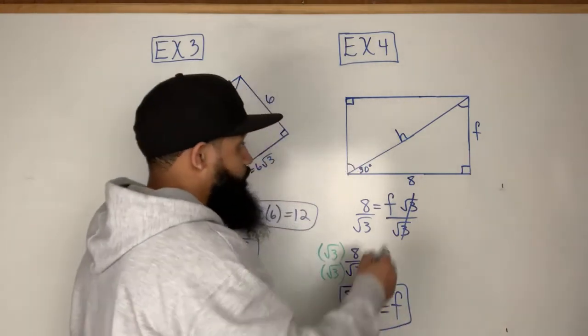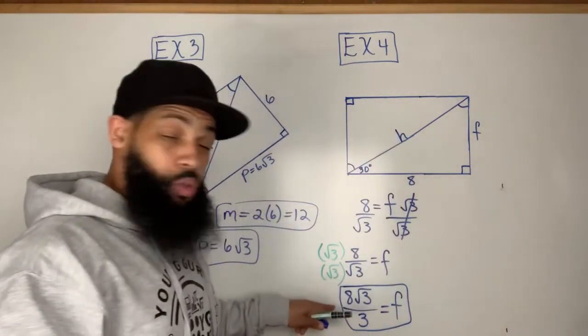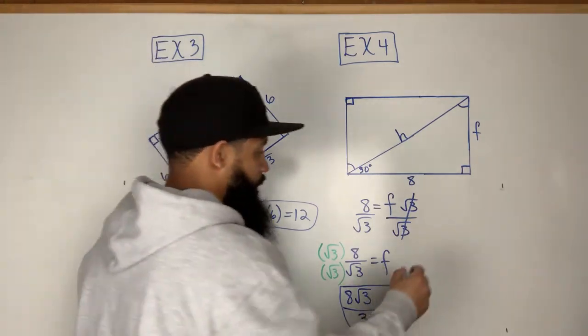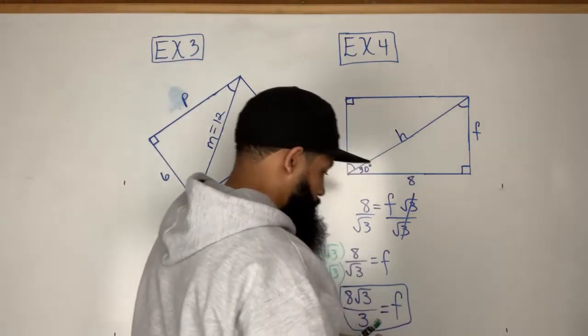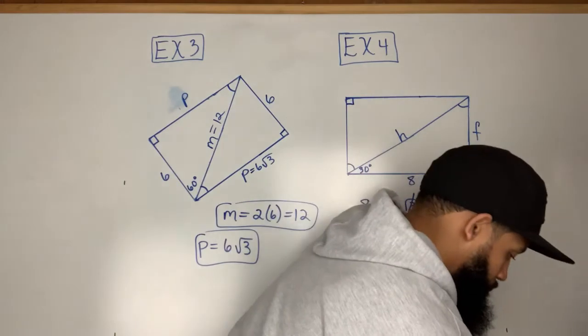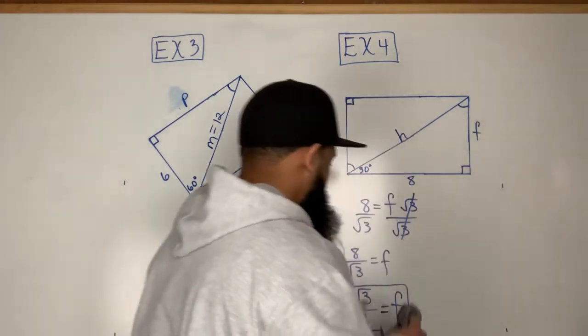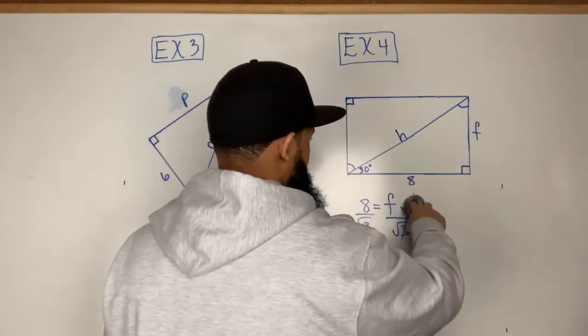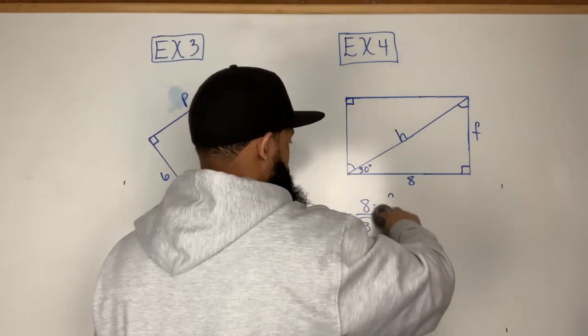All right, so this is my value of F. Now, in order to find H, I need to do 2 times this. All right, so H equals, let's create a little space, because I don't want things to get all jumbled up for you.